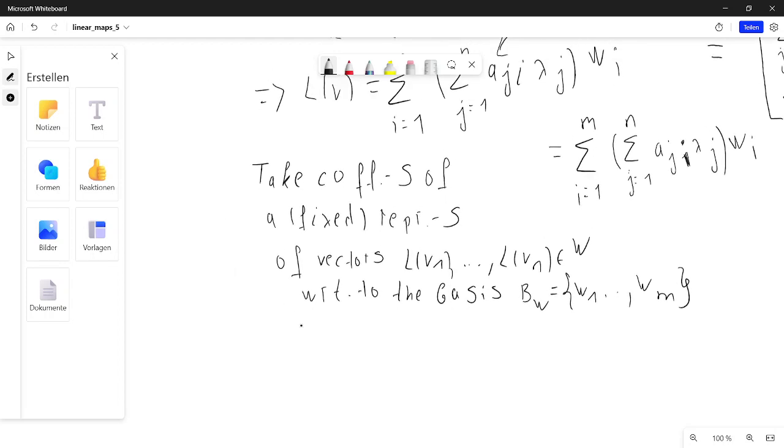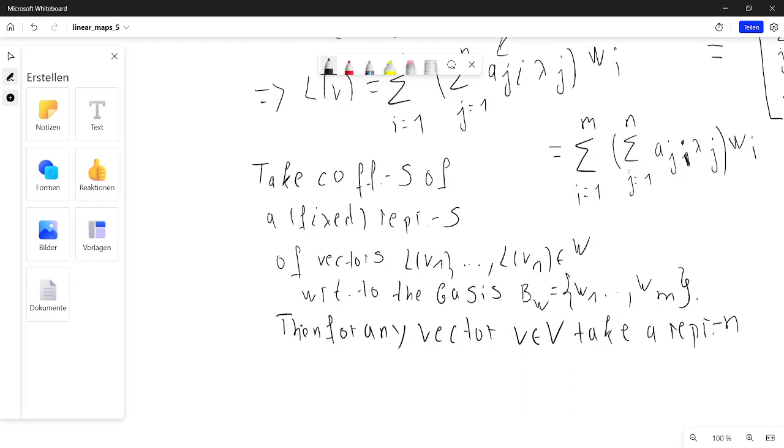Then, for any vector v in V, take a representation, and by representation I always mean just the coefficients, right?